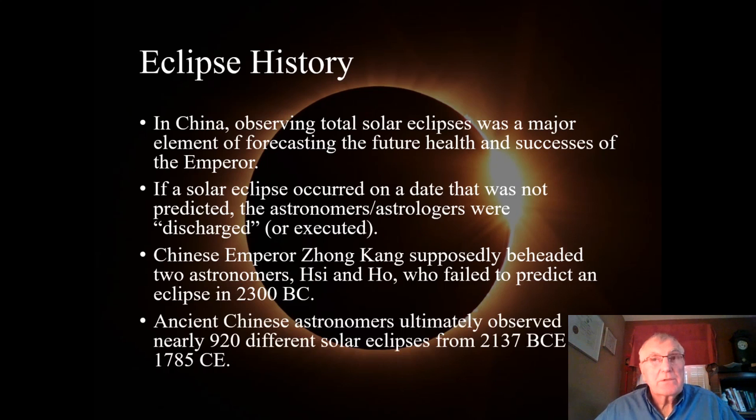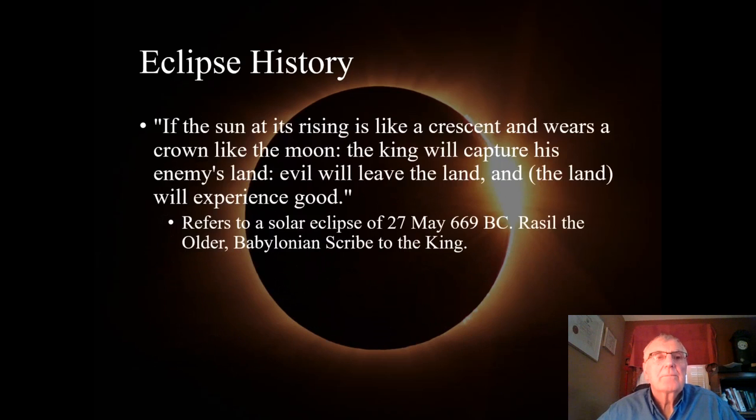The ancient astronomers, as I said, they kept real good records of these things. They recorded 920 different solar eclipses from 2136 BCE to 1785, the current era. This is lifted right out of the text of Razel the Elder.